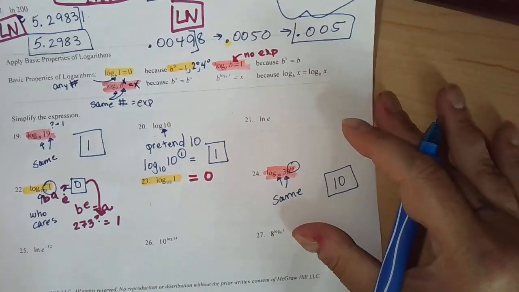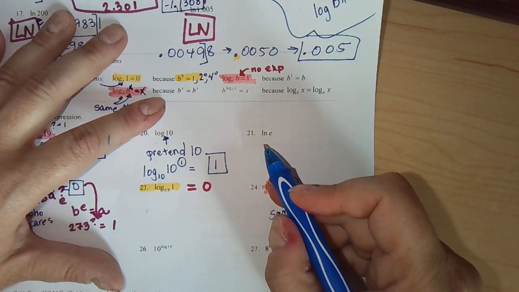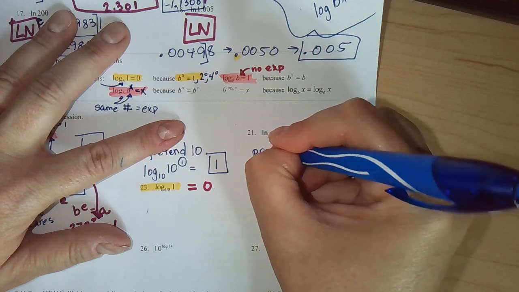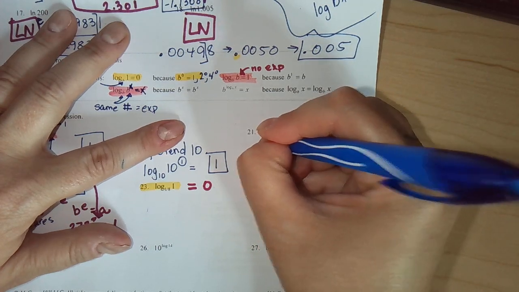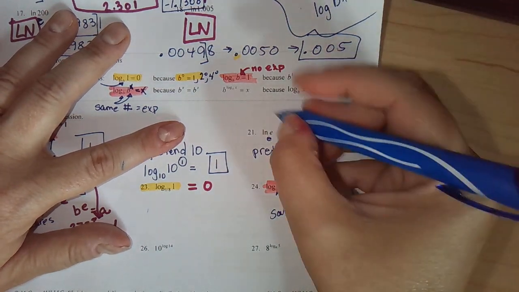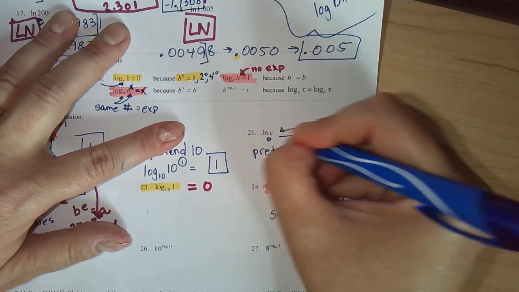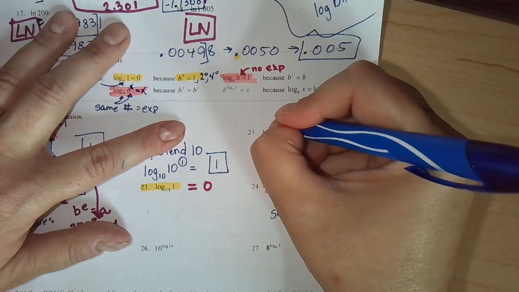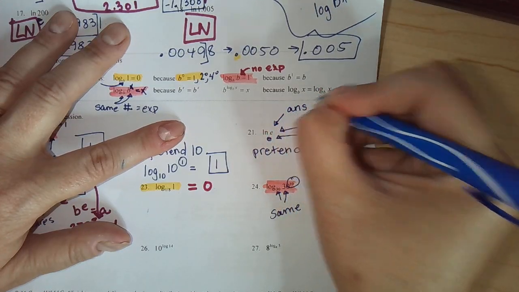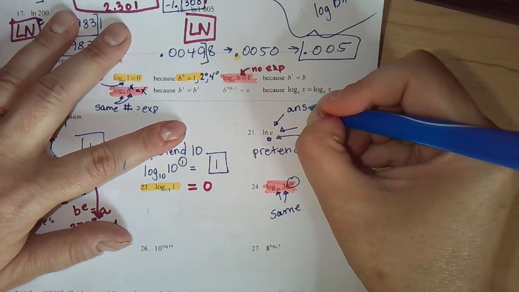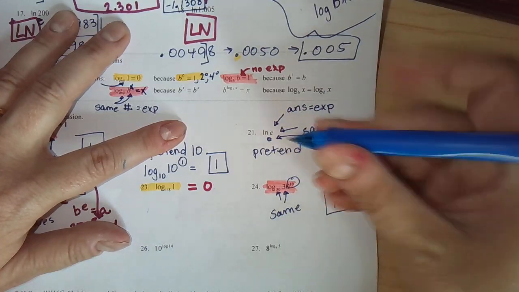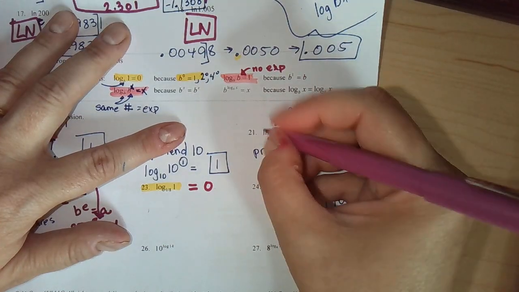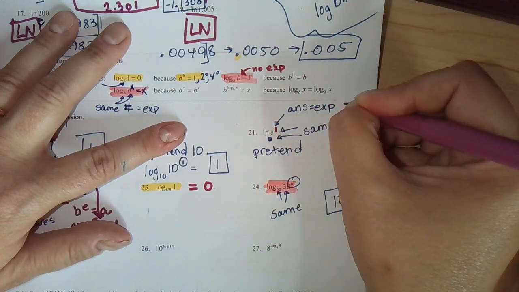Okay, for this ln e, what's underneath? A pretend e. And then since these two are the same, the answer is whatever the exponent is. Well, what is our exponent on this big fat e right here? It has a pretend 1.